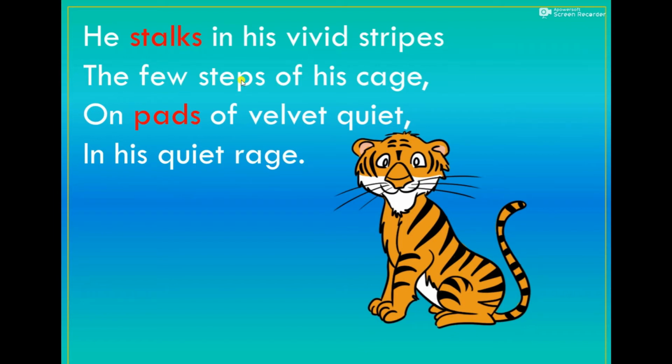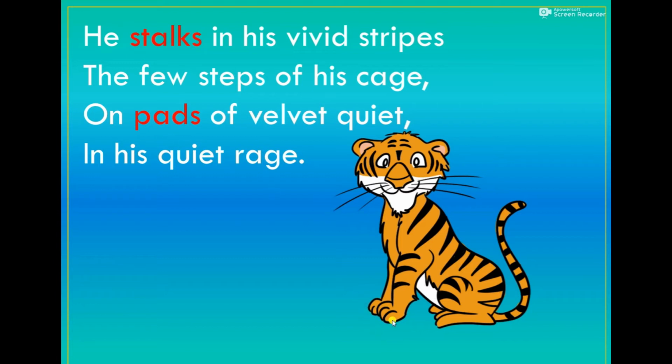The few steps of his cage on pads of velvet quiet, in his quiet rage. Children, pads means the soft fleshy part on the lower side of an animal's foot.